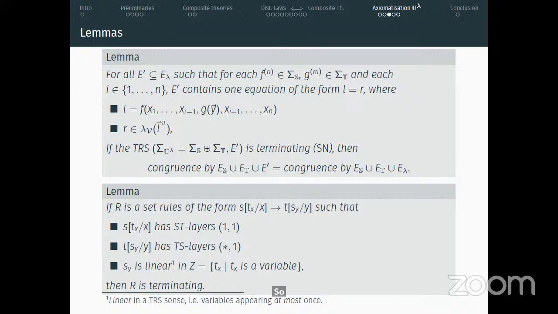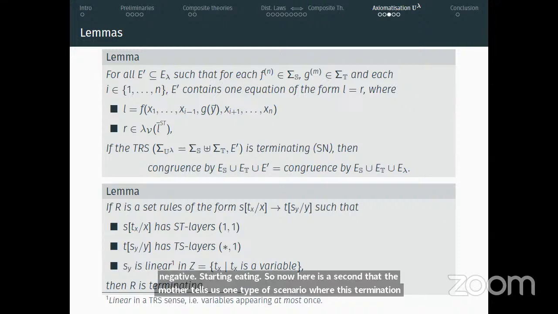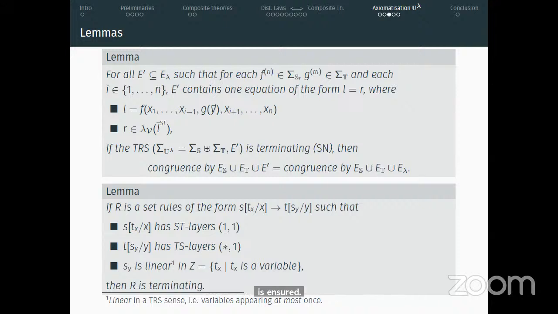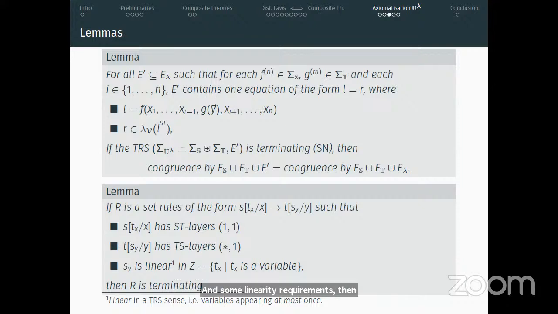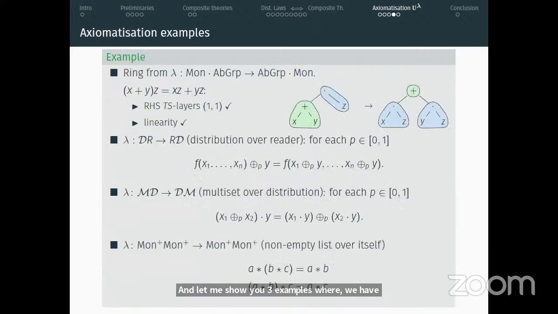So this was the first result that we obtained. Now here is a second lemma that tells us one scenario where termination is ensured. If all the rules are of this form, so the left-hand side has layers 1, 1, and the right-hand side has layers something, 1, and some linearity requirements, then we have termination. Let me show you three examples where this setup applies.